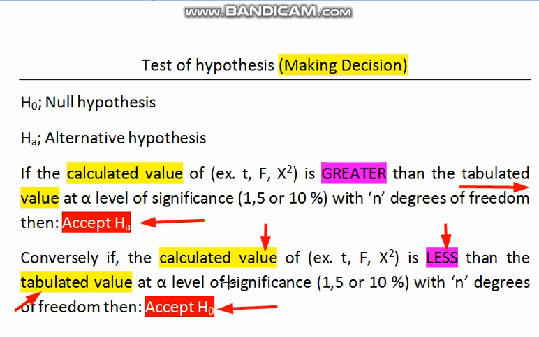So in the second part, if the calculated value is less than the tabulated value at alpha level of significance for 1, 5, or 10 with n degrees of freedom, then we accept the null hypothesis.